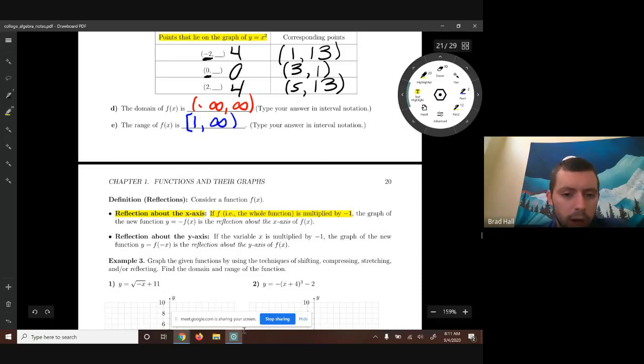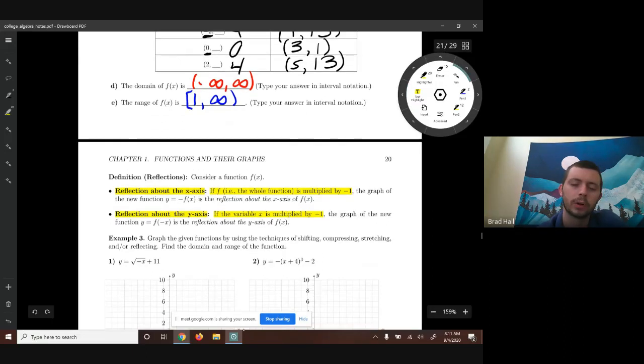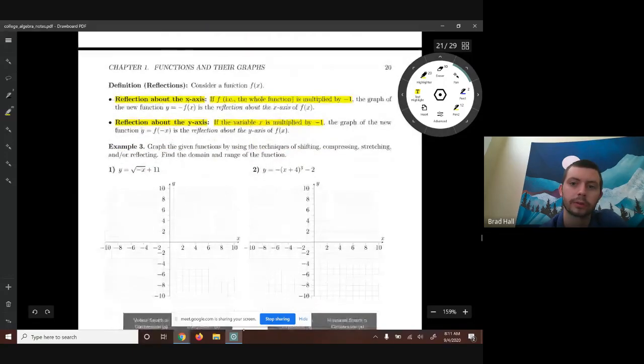And with the y-axis, that is when the variable x alone is multiplied by -1. So that's sort of the distinction here, which we will see. You might be able to notice this in the next problem. So let's go ahead and just see how all of that applies.